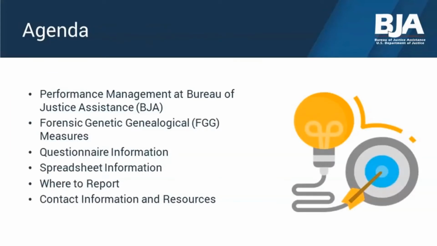Our agenda today, we will start with a brief purpose and benefit of performance measures at BJA. Then we will get into the Forensic Genetic Genealogy, or FGG, overview. We will dive into the FGG questionnaire, and talk about the FGG semi-annual spreadsheet to capture case level information.